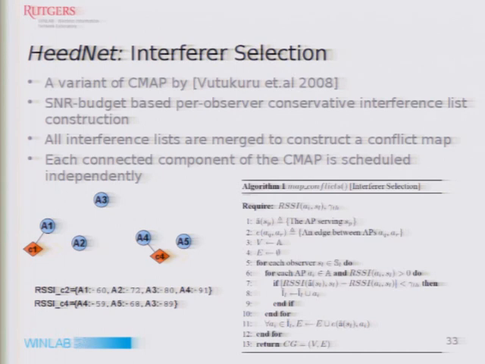However, we only have some of the clients participating in this, so we are replacing that information with what we can get from them. Apart from that, it's the same conflict map creation algorithm.